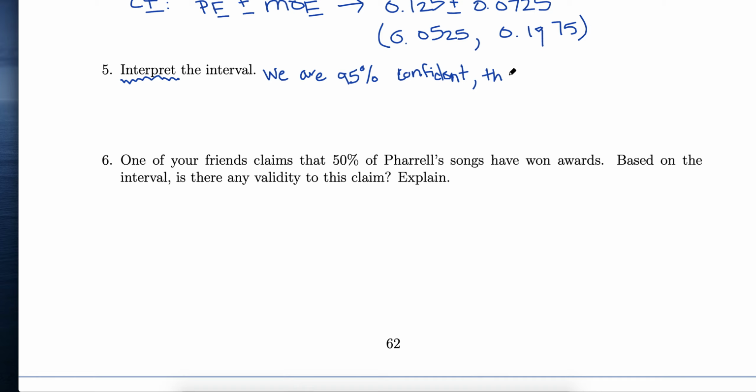So I'll say the proportion of all, I'm going to emphasize all here to say I'm talking about the population, the proportion of all his songs up for an award.